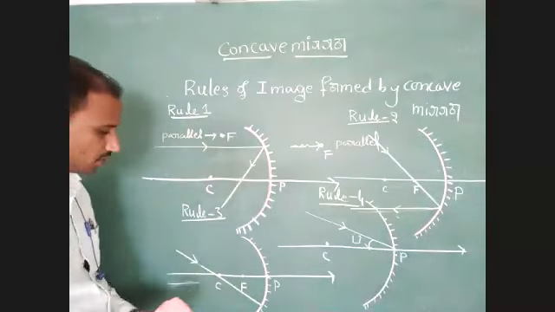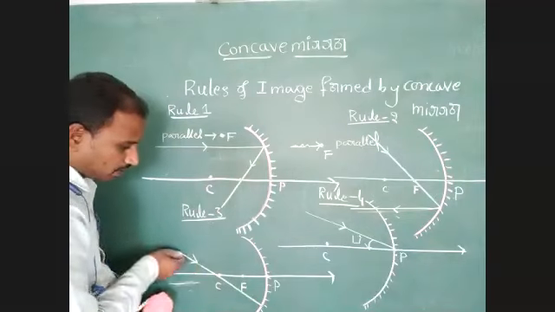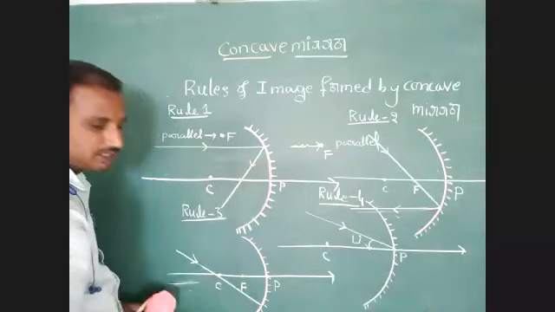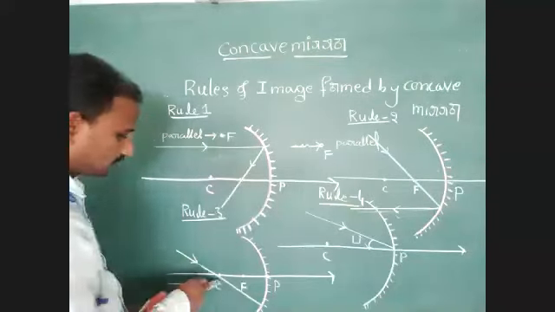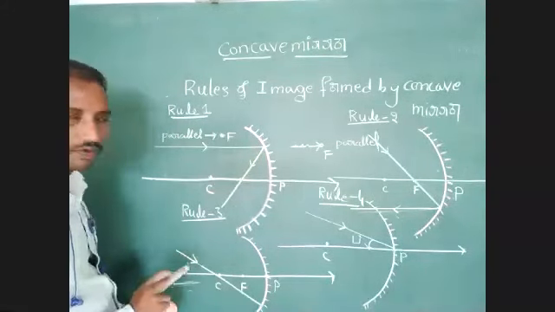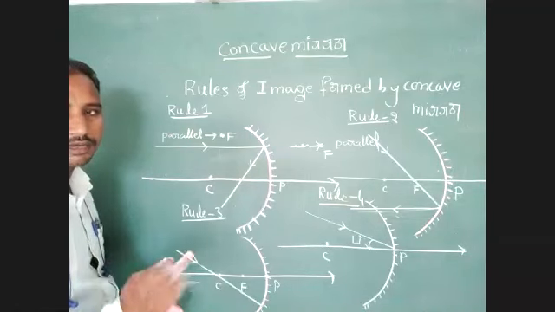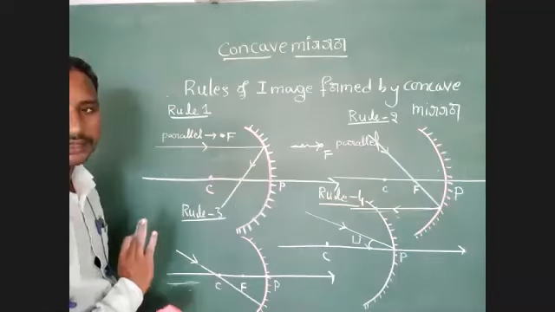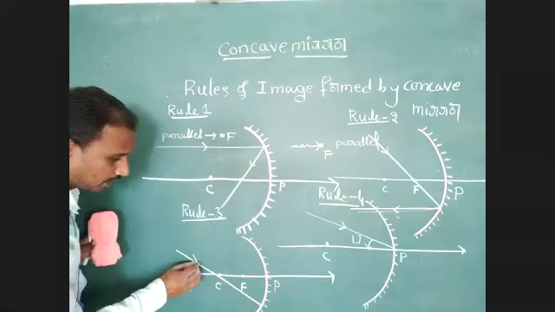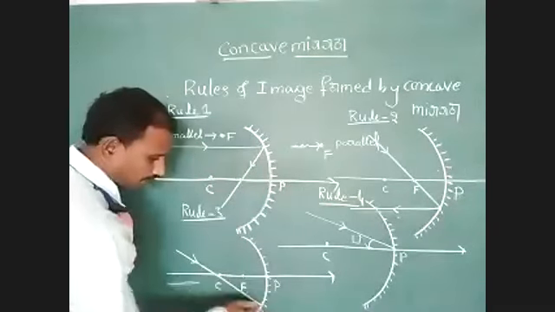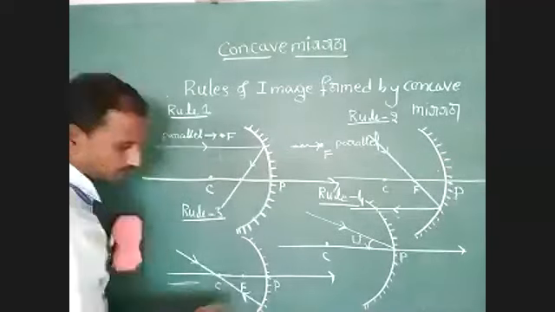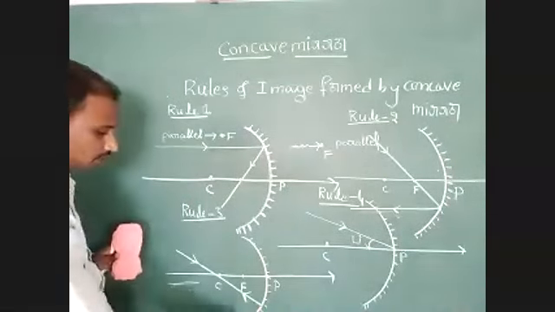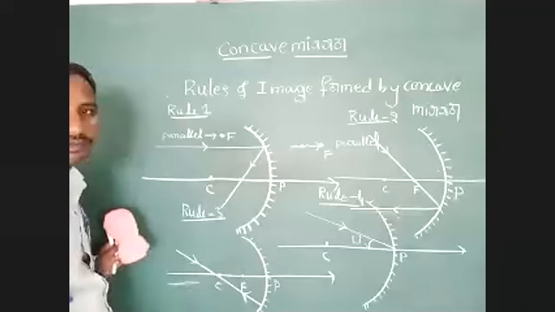That represents rule 3. If any ray of light is passing through the center of curvature before reflection, the reflected ray rebounds into the same incident path.